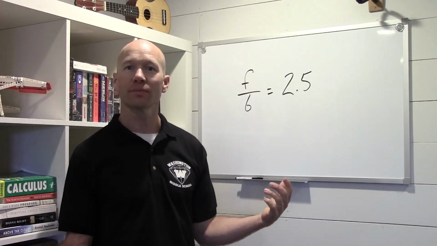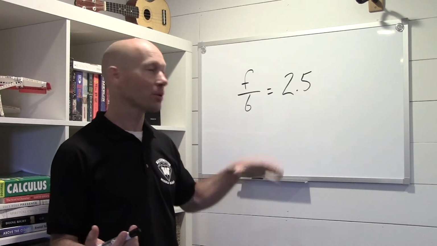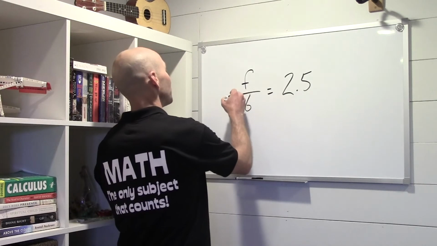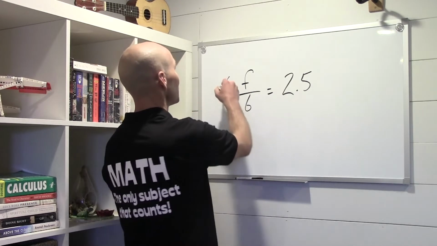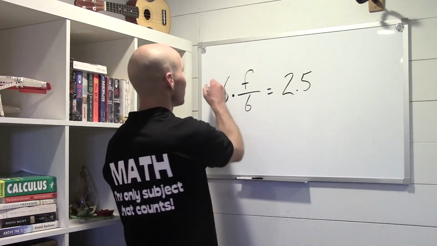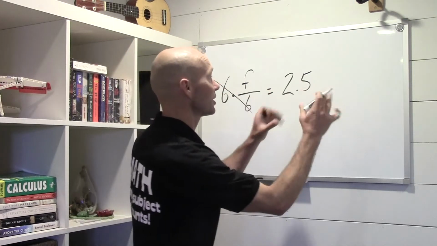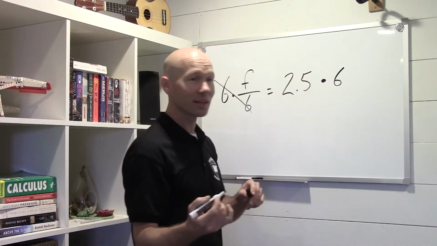How do you solve this? Okay, good. We do the inverse operation. If we're dividing by 6 on the left side, then we're going to multiply F divided by 6 times 6, so a multiple of 6 and a divisor of 6 cancel each other out. Whatever we do to the left side of the equation, we do the same thing to the right side, multiplying 2.5 by 6.